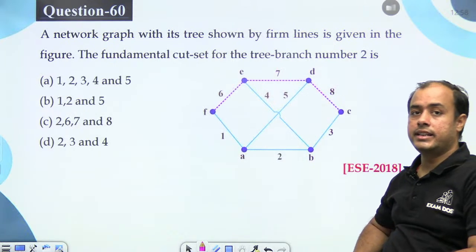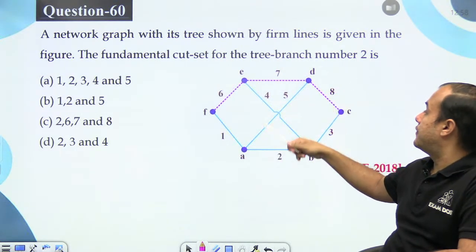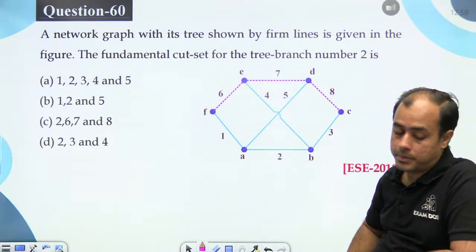ESE 2017. A network graph with its tree shown by the firm lines is given in the figure. Fundamental cut set for branch 2.